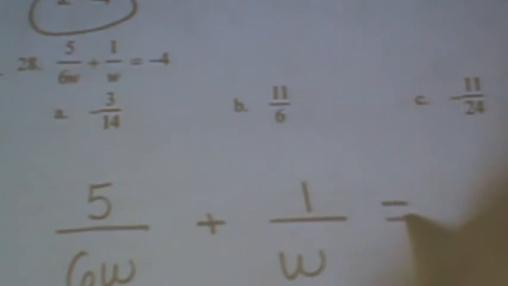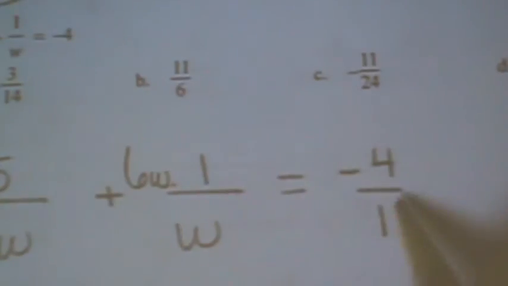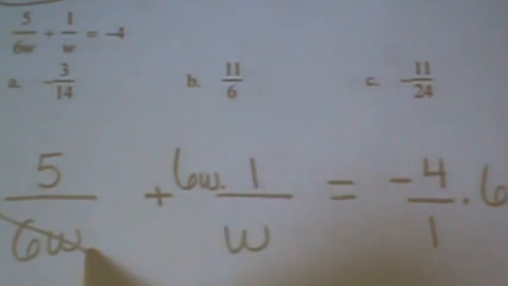And the last one, 5 over 6w plus 1 over w equals negative 4 over 1. We need a 6w. We're going to multiply everything by 6w. So these cancel.